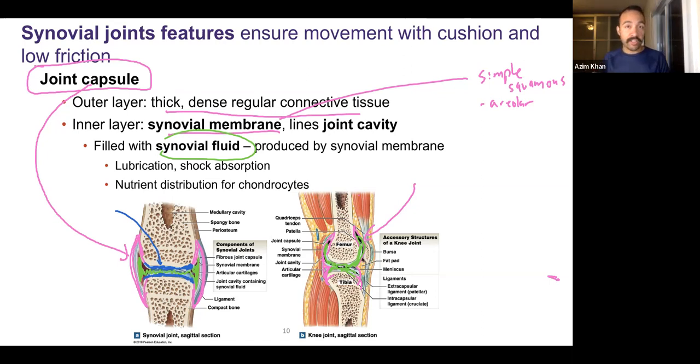It does get some nutrients, oxygen, and glucose very slowly as they diffuse through this fluid and through the extracellular matrix from synovial fluid. You get nutrient distribution for chondrocytes. Again, it's not much. These chondrocytes are adapted to live with very low amounts of oxygen and nutrients. But it also means they don't heal very well. So that's a joint capsule, a surrounding space holding all of this fluid together.